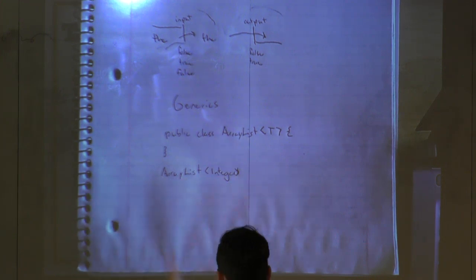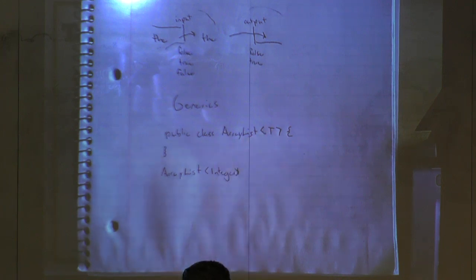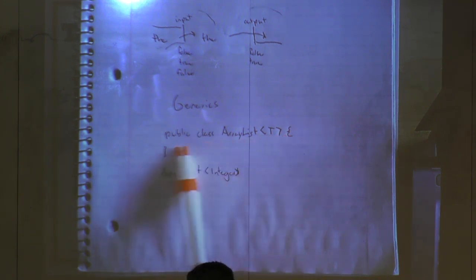So at runtime, it will change its functionality based on what you wrote. So no matter what class you put in here, it will always work with everything inside of ArrayList's class definition.